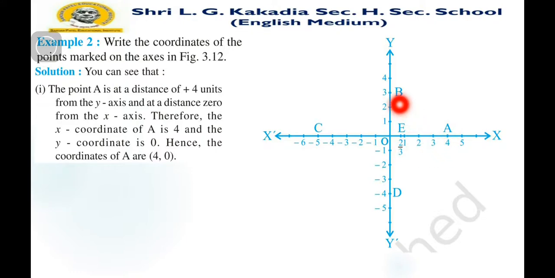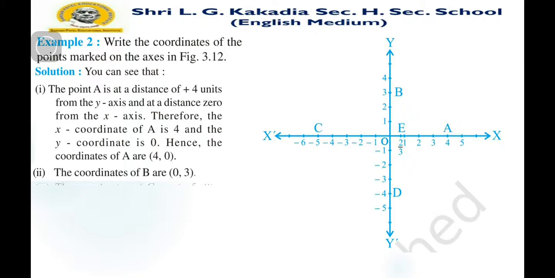As for B, the distance from the x-axis on the y-axis is 3, meaning its y coordinate is 3, but the distance from the y-axis on the x-axis is 0 for the point B. So the coordinates of point B are 0 comma 3.